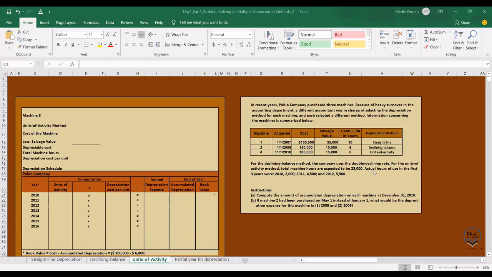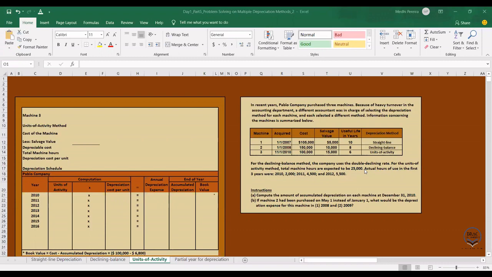We have been given some additional information here, which says that for the units of activity method, the total machine hours are expected to be 25,000 units. So this is the useful life of the machine, which is expressed in hours.